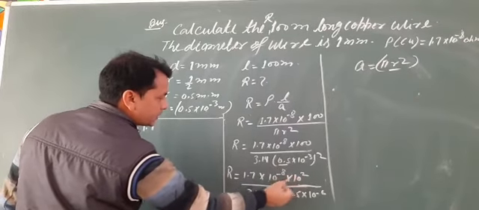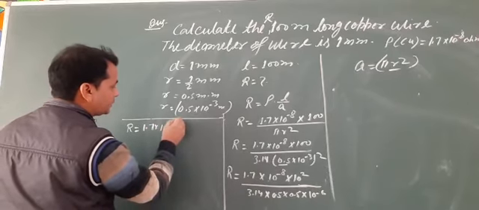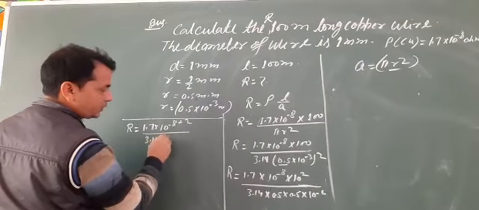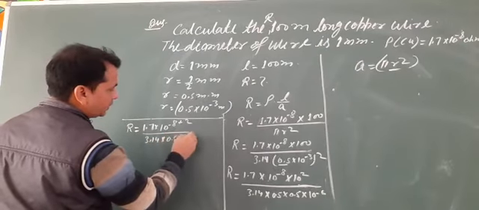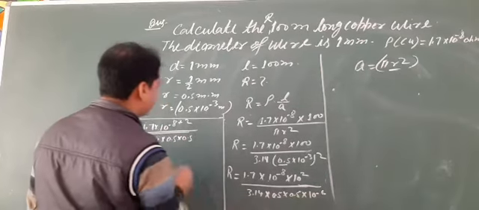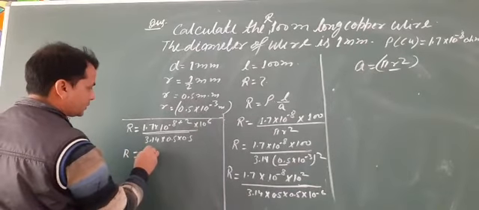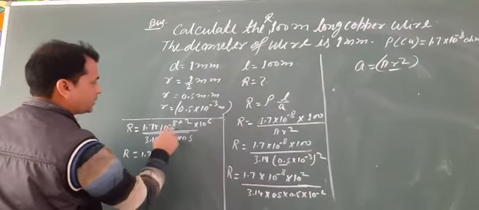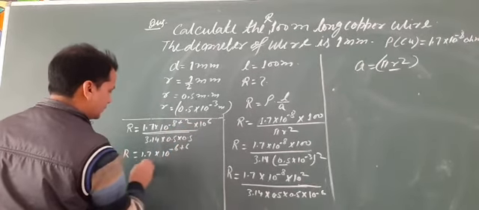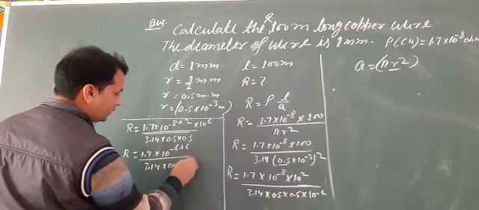So here the base is the same, so adding the powers, 10 to power minus 8 plus 2, divided by 3.14 into 0.5 into 0.5 and 10 to power minus 6, that is 10 to power 6 in the numerator. Then R equal to 1.7 into 10 to power minus 8 plus 2, that is minus 6 plus 6, over 3.14 into 0.5 into 0.5.